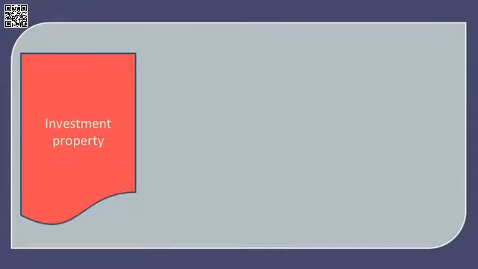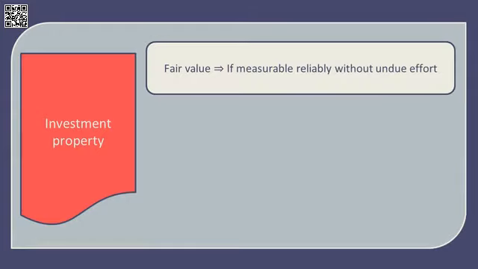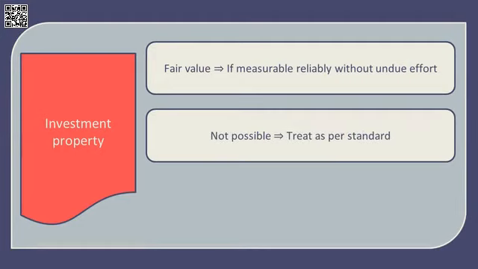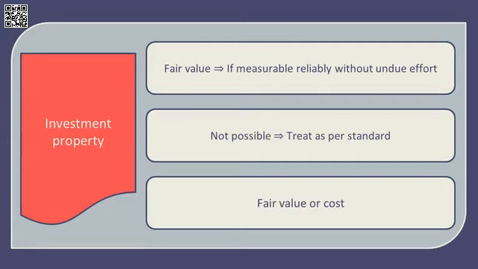The treatment of an investment property is also a little different. The standard allows the company to use the fair value if it can be measured reliably, without undue cost or effort. If this is not possible, the entity must treat the investment property as property, plant and equipment as per the standard. You know from your studies in IAS 40, Investment Property, that the fair value or cost method can be used.